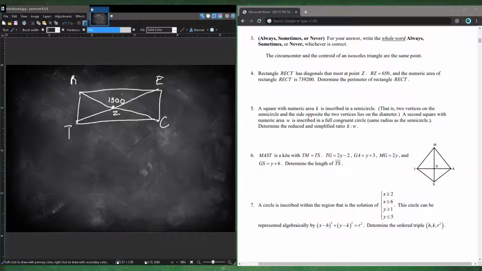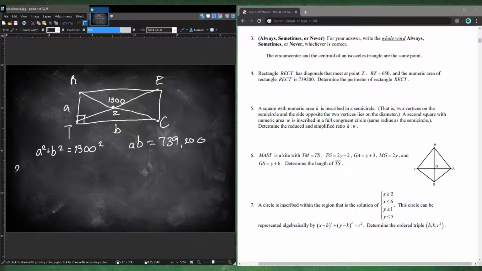Determine the perimeter. Okay, so using the Pythagorean theorem on the right triangle, call this A and call this B. That means A squared plus B squared is equal to your hypotenuse squared, which is 1300 squared. And we know that our area is A times B, which is equal to 739,200.